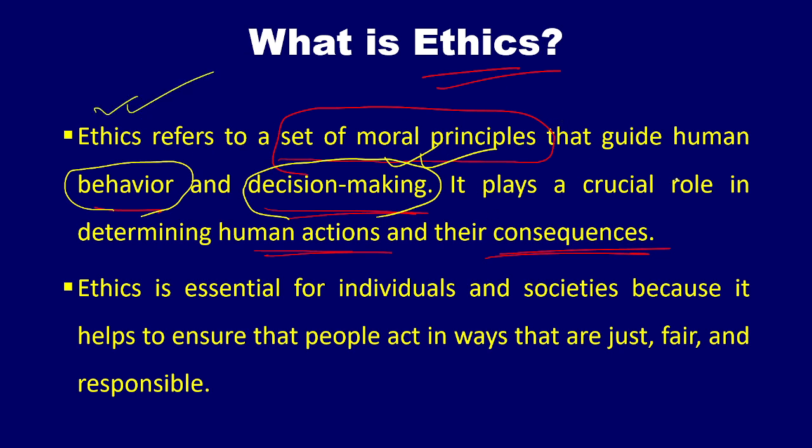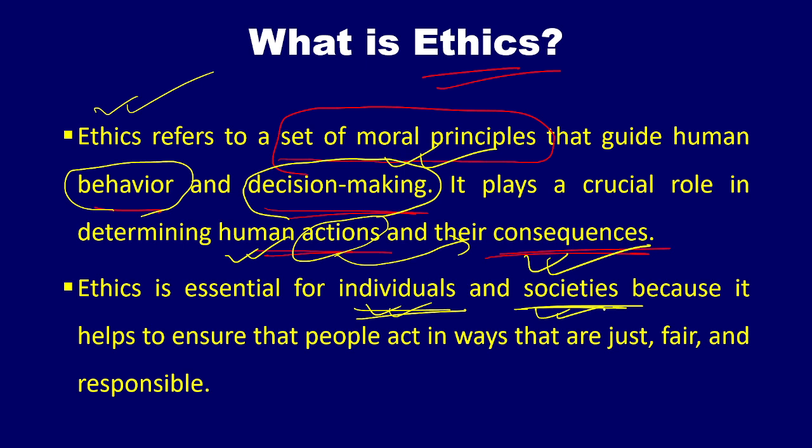Ethics is crucial in determining human action, what action will be taken by a person and what consequences will happen as a result of that action. Ethics is essential for individuals and societies. An individual must have ethics and a society must have right ethical values, because it helps to ensure that people act in a way that is just, fair and responsible.